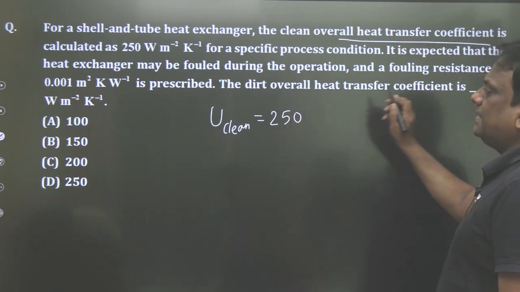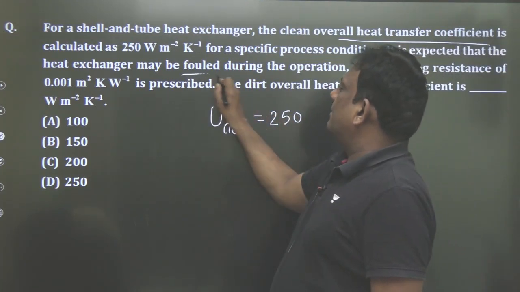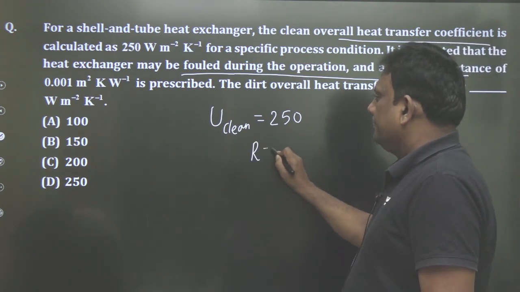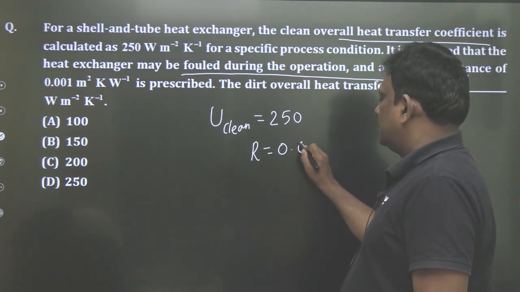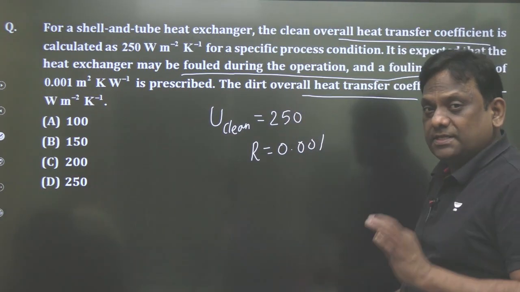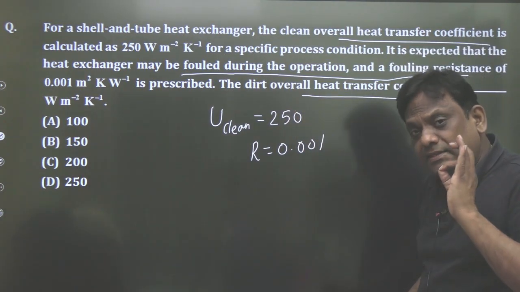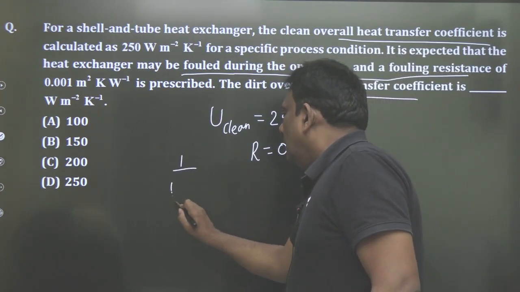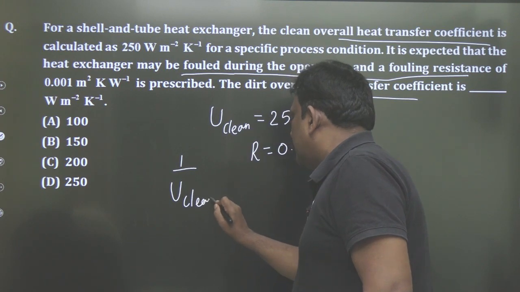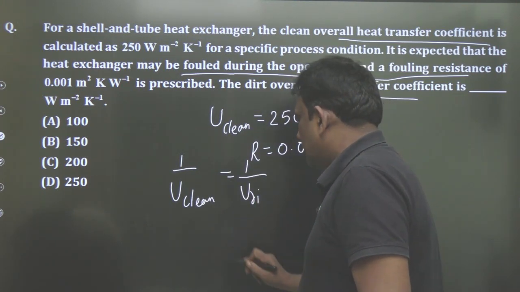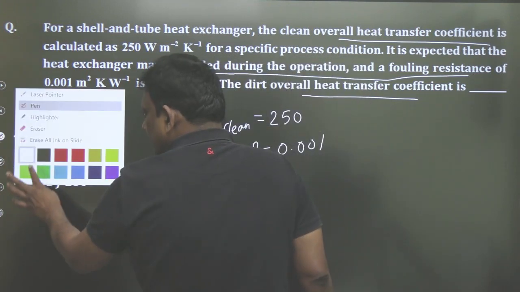And it is expected that the heat exchanger may be fouled during the operation, and the fouling resistance is given by, what is the fouling resistance? 0.001. The dirty overall heat transfer coefficient, I have given this question also in my regular classes. 1 by the clean heat transfer coefficient is given by 1 by dirty.